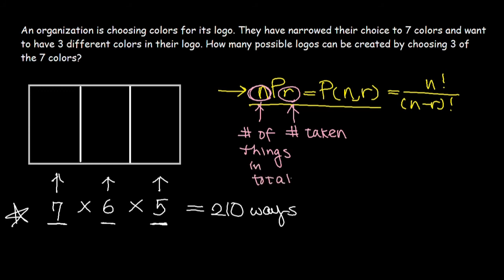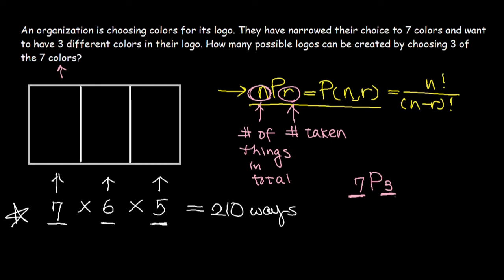So for example, for this specific question up here, you're probably going to put 7P3, because you have 7 colors to choose from, and you have 3 that you're going to choose at the very end. So you're going to take 3 colors out of the 7 colors that you have in total.